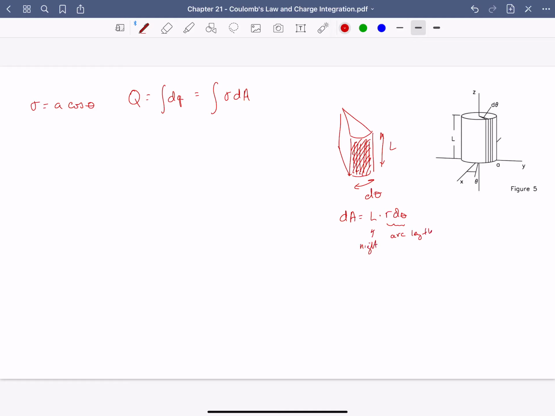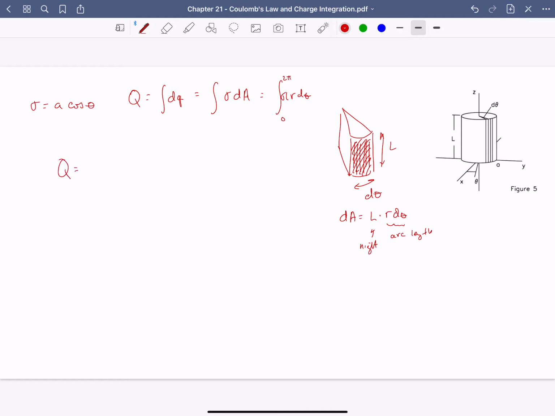We put those two things together, we get an area, we have units of area, and we are good to go. It's going to be the integral of sigma L R d theta from 0 to 2 pi, going all the way around.